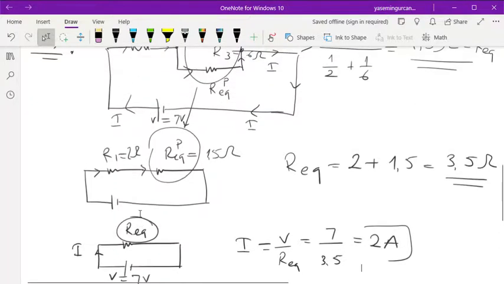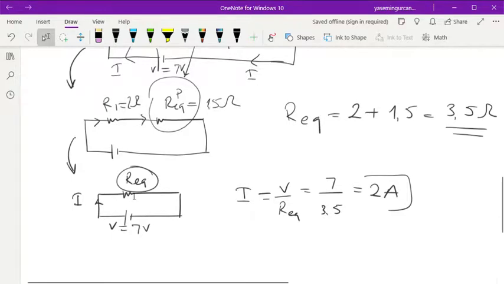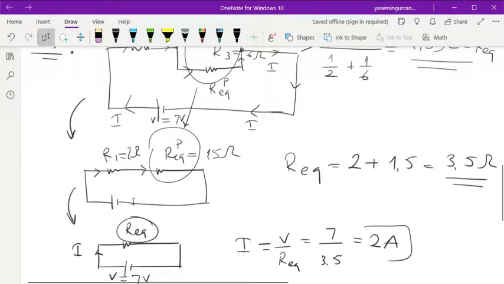So what you do is basically reduce your picture into a simpler form and an even simpler form, to a point where you have only one single resistor left, which is the R equivalent of the whole circuit, not just part of it. So this is how you approach these questions.